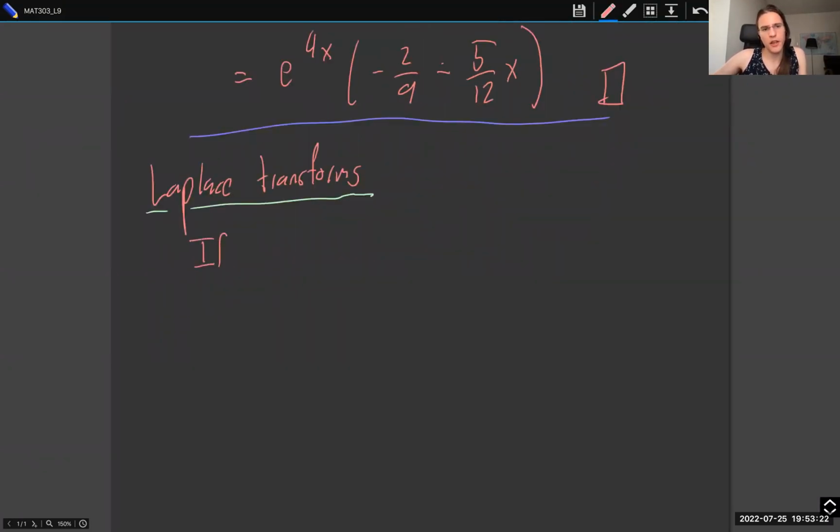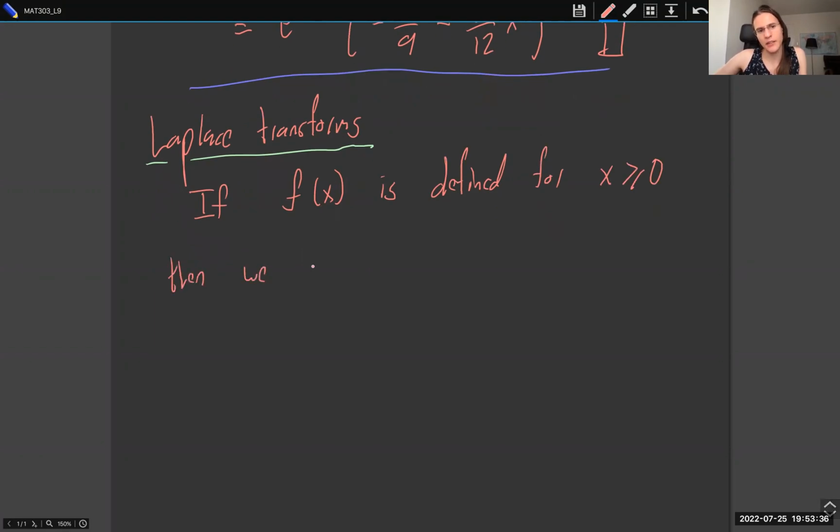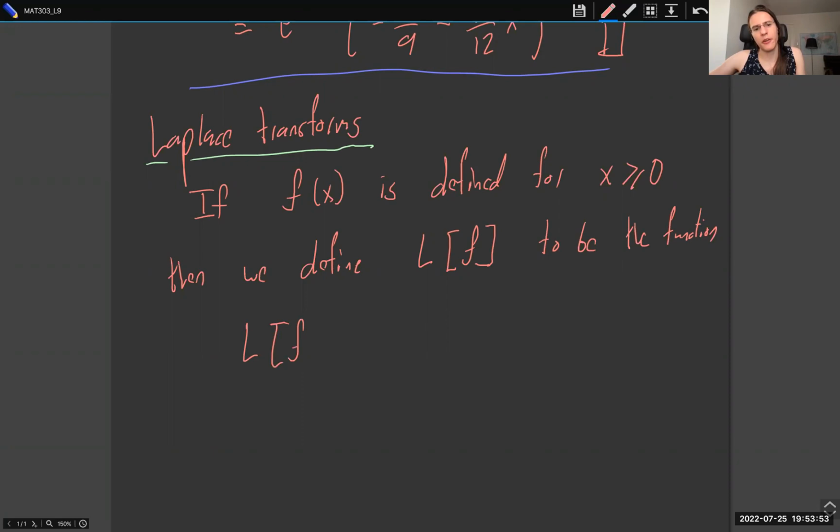If f of x is defined for x greater than or equal to 0, then we define L of f to be the function L of f applied to some argument s is equal to the integral from 0 to infinity of e to the minus sx. So that's the dependence on s inside of this formula, f of x dx.